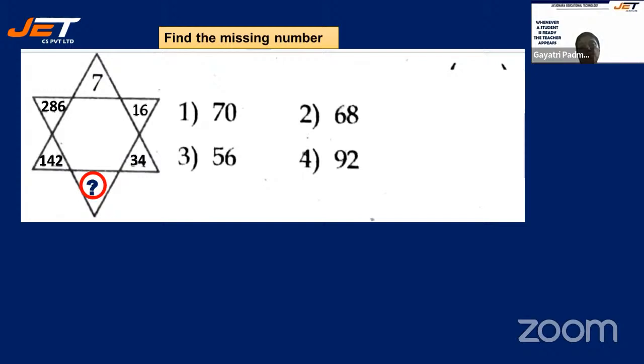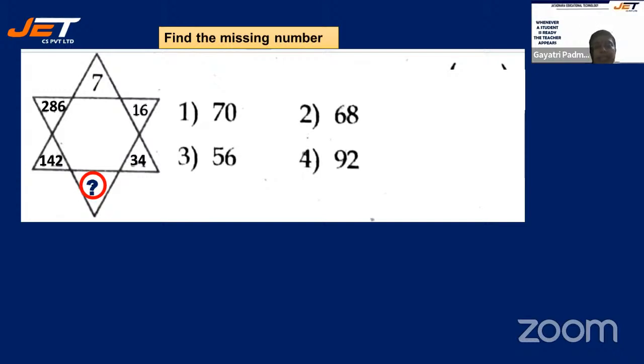What could be the best technique for such kind of sums? We need to think whether the missing number could be 70, or 68, or 56, or 92.